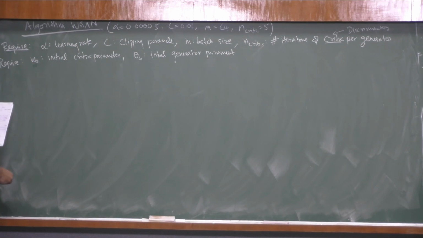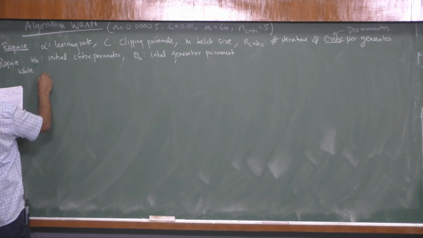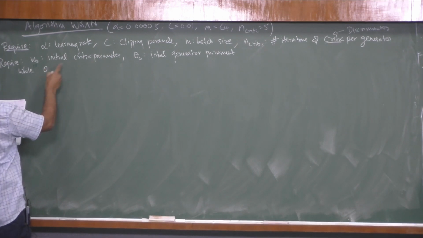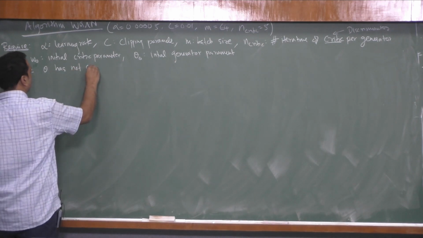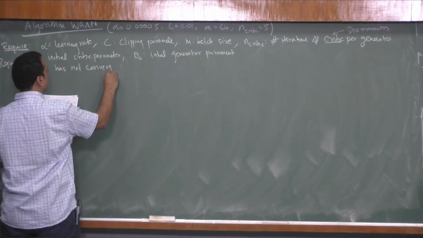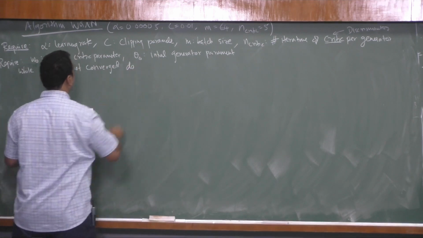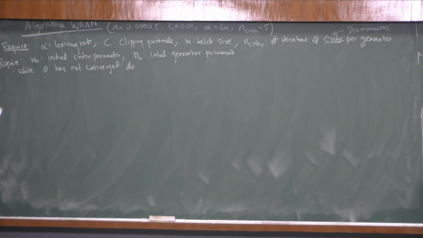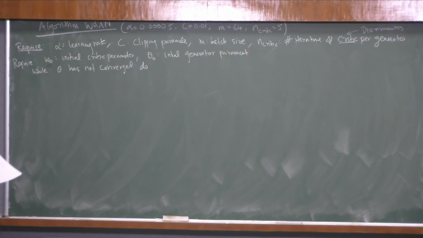Okay, now we start a while loop. While theta has not converged, where theta is the generator parameter. This convergence test could be done based on the norm of the gradient itself.